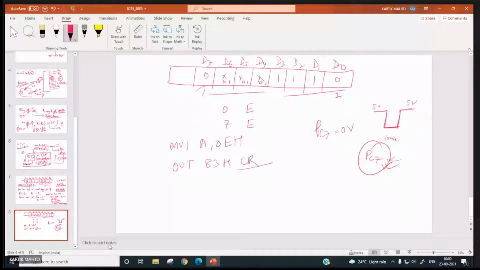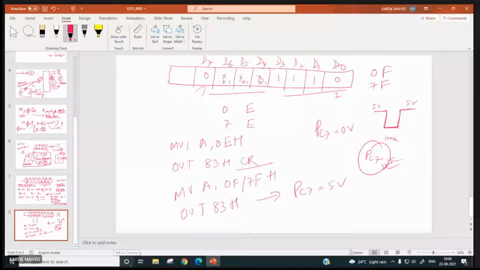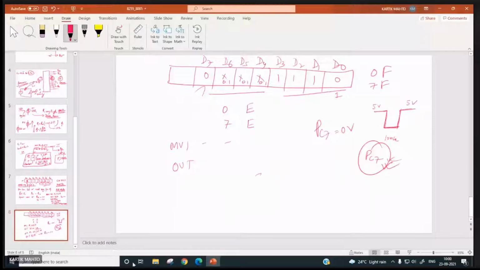So if you say MVI A, 0F or 7FH, and OUT it at 83H, it will make PC7 equal to 5 volt. So what will be our program?